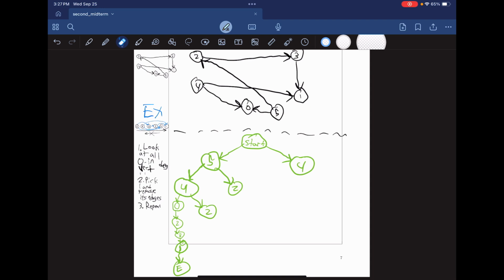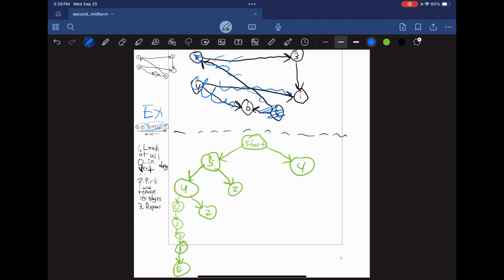So let's say that we removed 5, 4, and 2. That means that 3 has 0 in degrees and 0 has 0 in degrees.